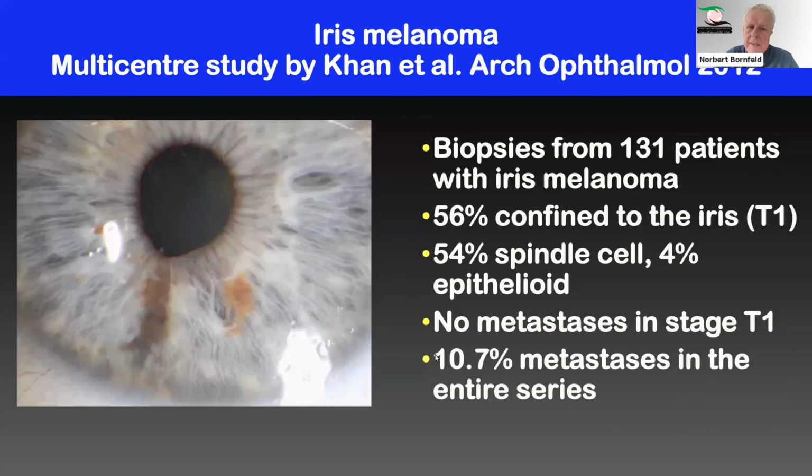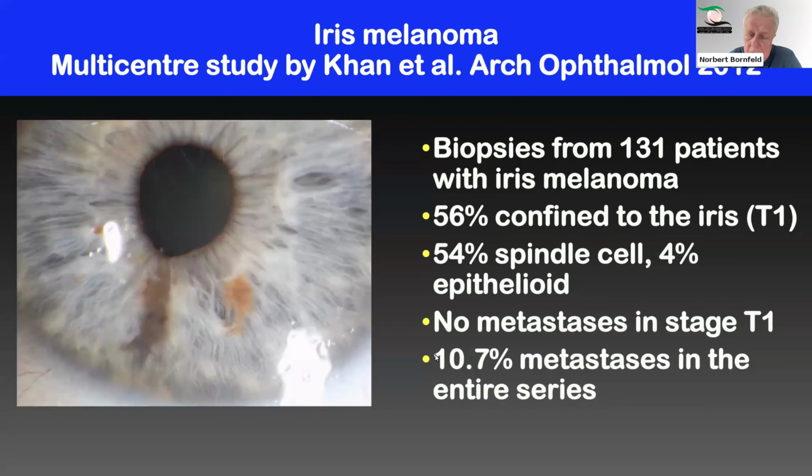There have been several papers dealing with the risk of iris melanomas seeding metastasis, and it is completely low. That is a large series published some years ago. The essential take-home message of that series is there have been no metastases from patients with iris melanoma in stage T1.